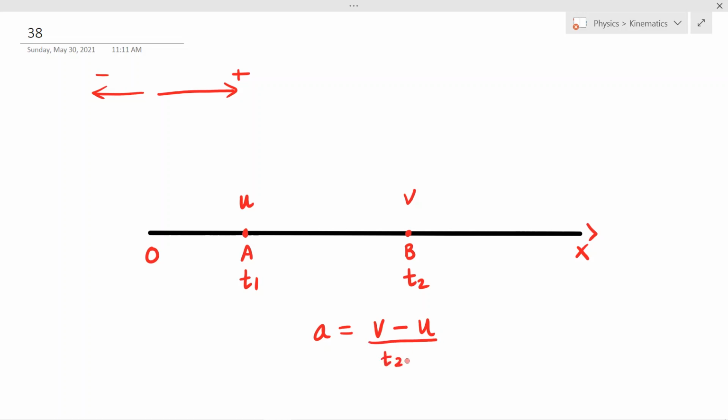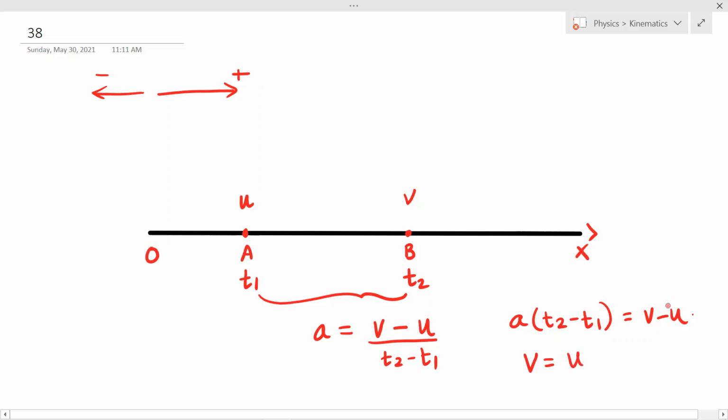So this will be t2 minus t1, because this is the time interval after which the velocity has become v. So now this becomes a times (t2 minus t1) is equal to v minus u. So this becomes v is equal to u, taking u towards the left, plus a times (t2 minus t1).